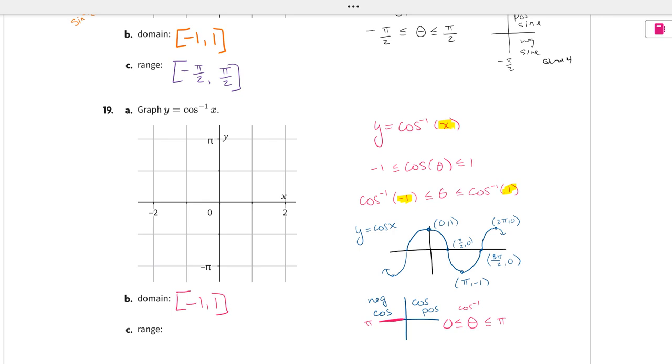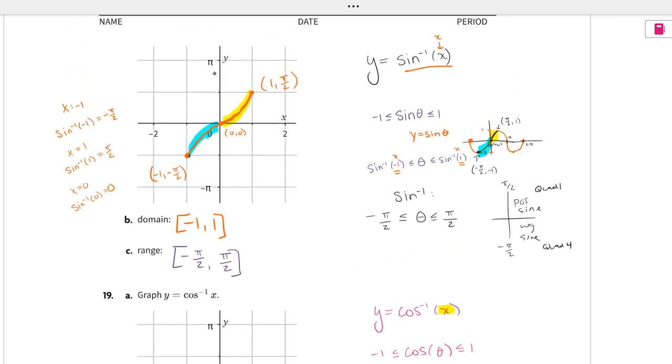So our range here is now 0 to pi, because that's going to give us the positive and negative versions of cosine. Notice there are positive cosines here and negative cosines there. So we can really see where that range is stemming from, whereas on the sine one, we had positives and negatives.